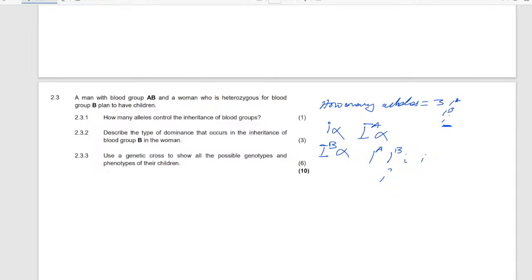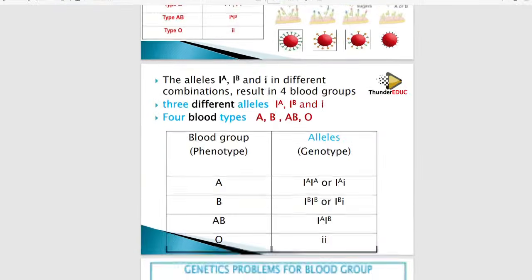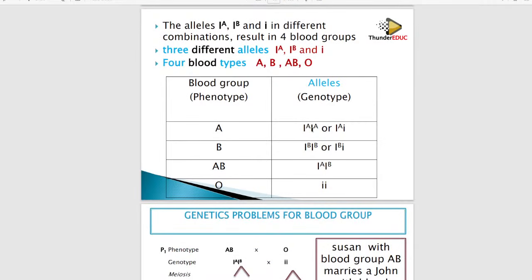Let me just show you with the booklet so that we don't waste too much time. The moment you see a small letter, it means that is complete dominance. One allele is completely dominant over the other. Then we have codominance, which is A and B. Both alleles are shown.